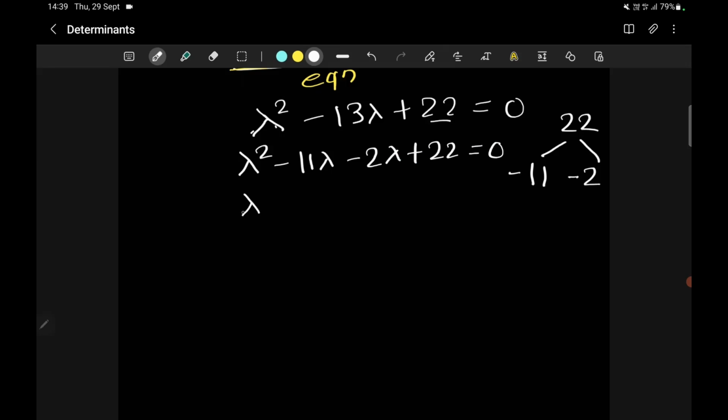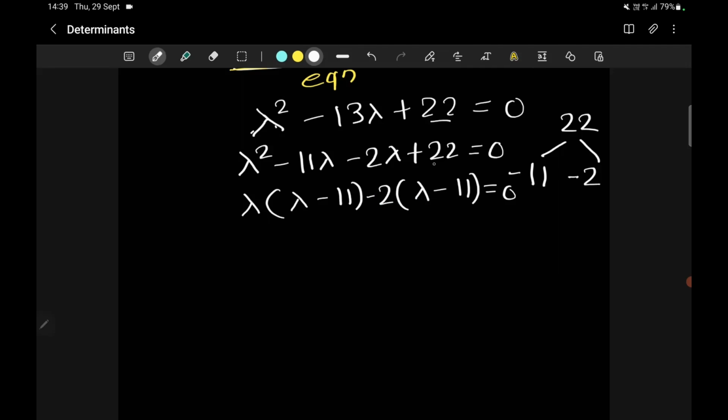Then we'll simplify this further. We'll take this lambda outside, then inside the bracket we have to write lambda minus 11. We'll keep minus 11 as it is. Then here we have to put minus 2, because if we multiply this minus 2 with lambda, we'll get minus 2 lambda.